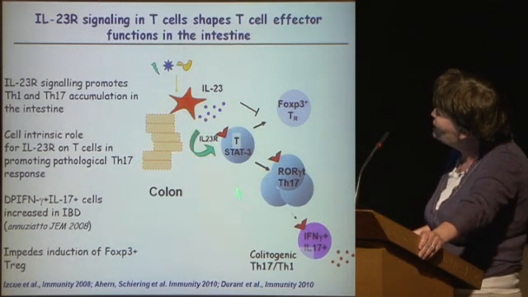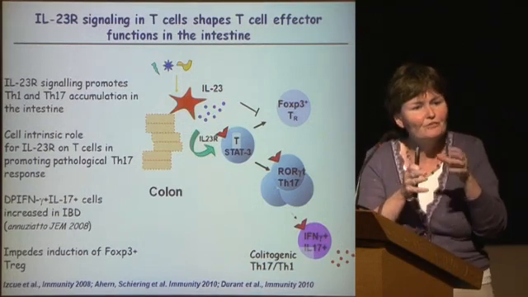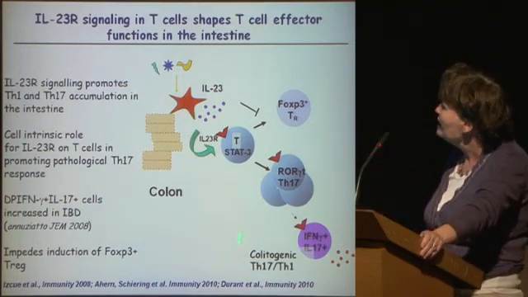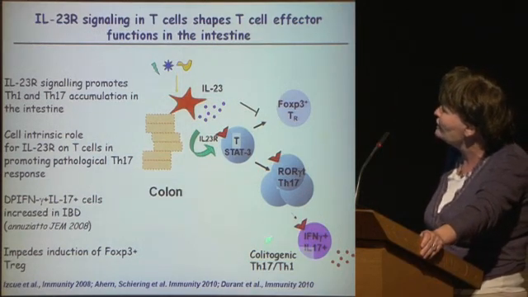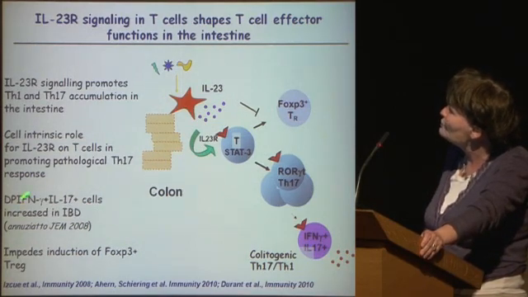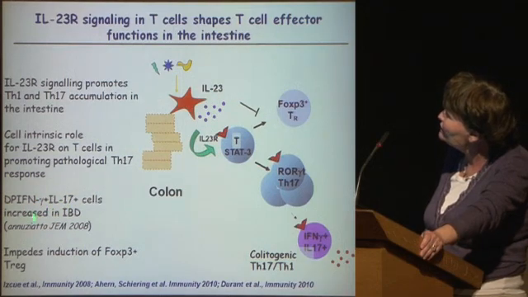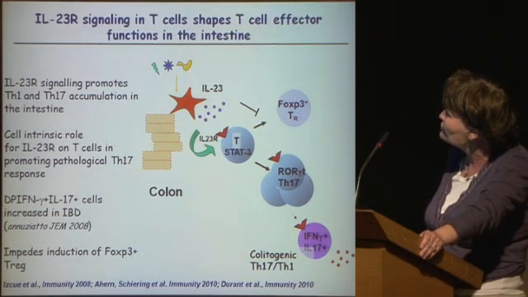And of course, this population of double positive IL-17 interferon gamma secreting T cells has been the subject of study in a number of models of immune pathology, and there's also evidence from the work of Annunziato and colleagues, as well as René Duval at DNAX, that in inflammatory bowel disease there is an increased frequency of these double positive populations of cells.